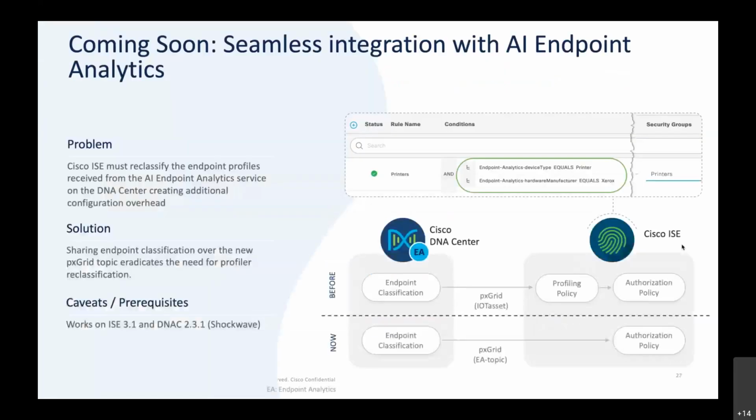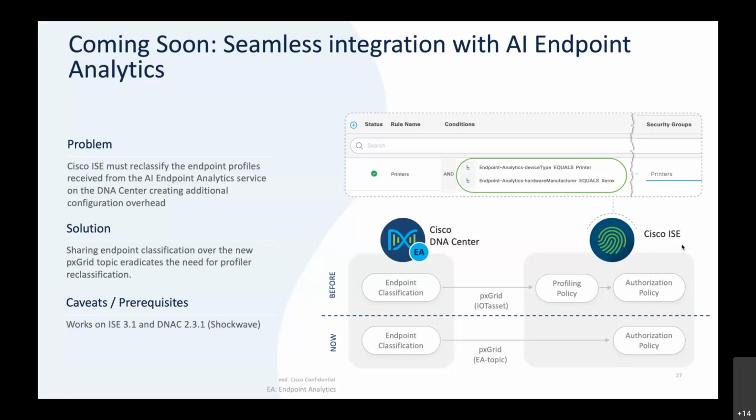And then coming soon, this is a new and exciting capability that we'll have with ICE 3.1 and the upcoming release of DNA Center, which is known internally as Shockwave. What I talked about on the previous slide, where an ICE admin has to spend hours going in and creating these custom profile policies, what's going to happen with ICE 3.1 and Shockwave is that we're going to automatically share these endpoint classifications over the new pxGrid topic.